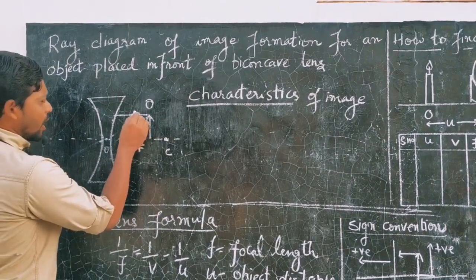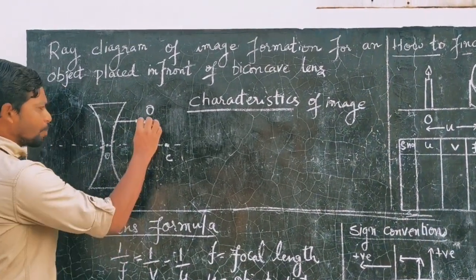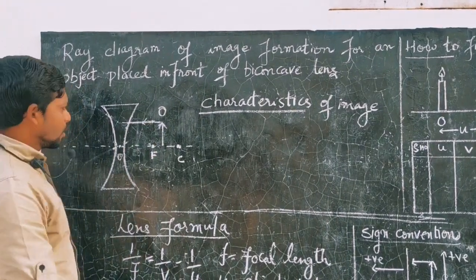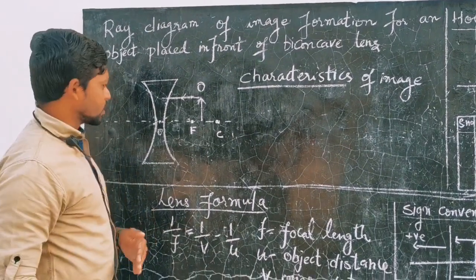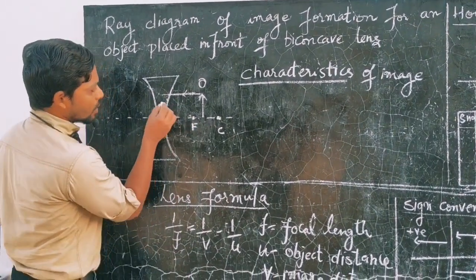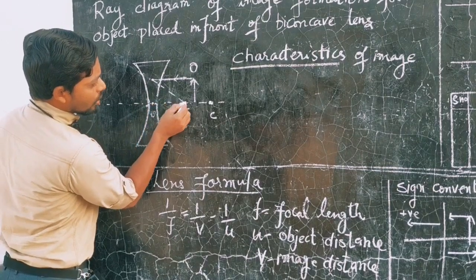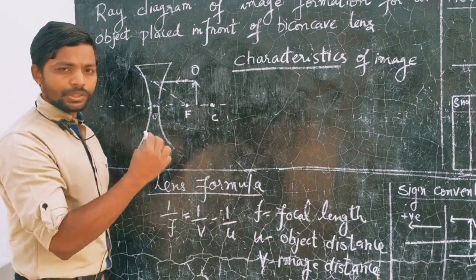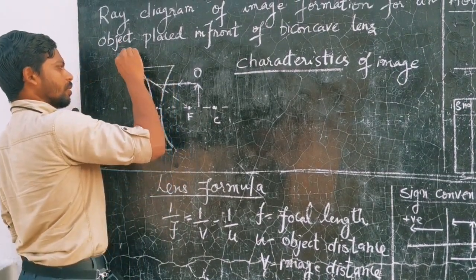As per the rules, we'll take first a light ray traveling parallel to the principal axis. We know the rule that it will diverge in such a way that it appears to be coming from the focus. So we'll draw a dotted line from the focus. Now see, it will diverge in such a way that it appears to come from the focus.